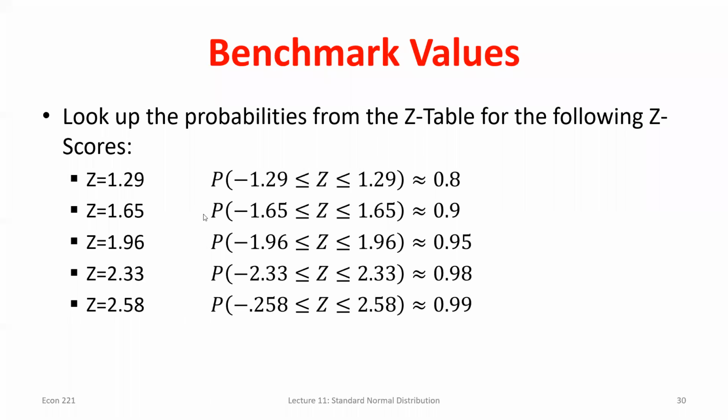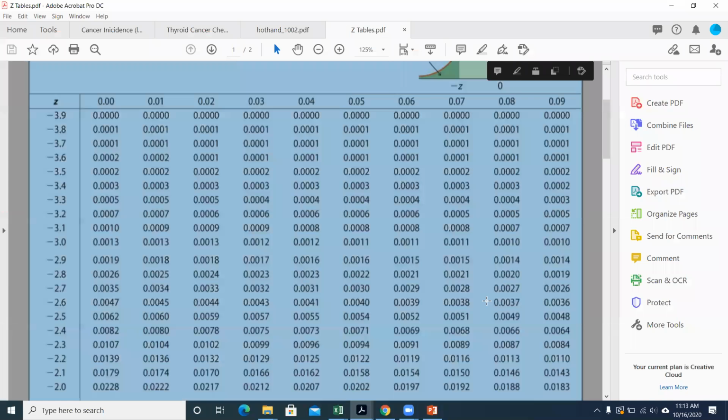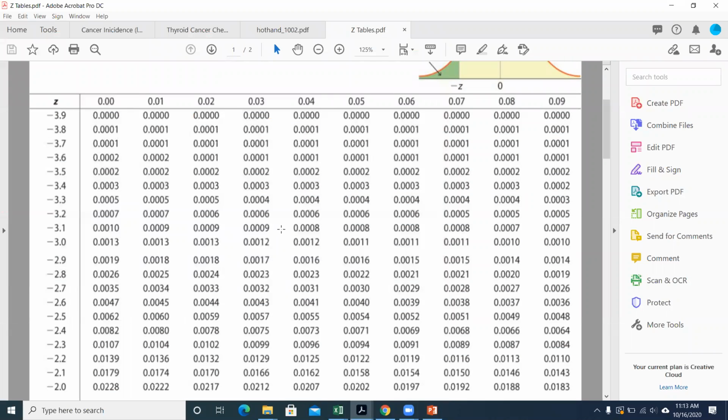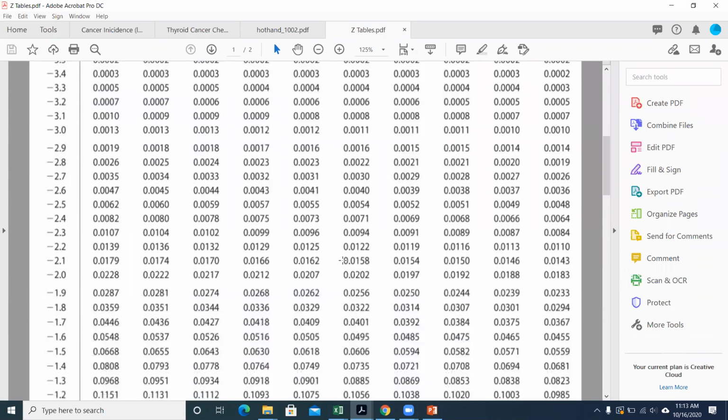We go down here, and just a reminder, these are our benchmark values. We want 90% in our interval, or 0.9. That's always going to correspond to a z-score of 1.65. Why? Because we look up alpha over 2, and here alpha over 2 we said was 0.05, so we try to find the area that matches that.